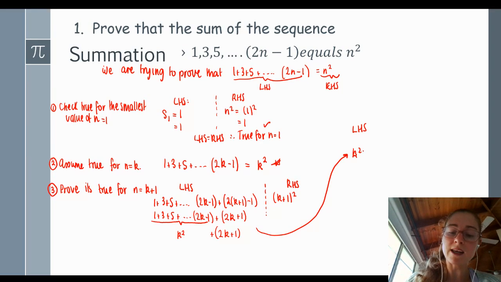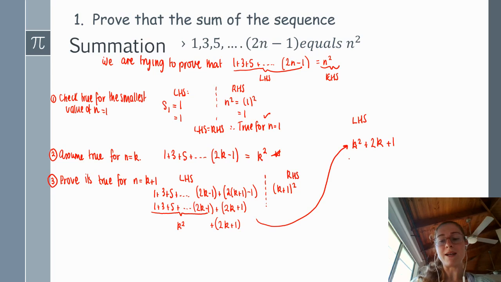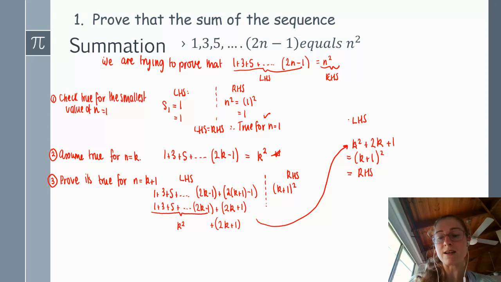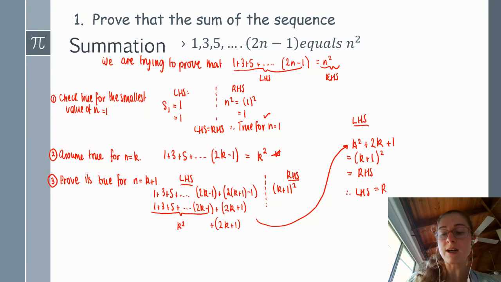I would get k squared plus 2k plus 1. And what do you know, this is k plus 1 all squared, which is equal to my right-hand side. So therefore, I've proven the left-hand side looks like the right-hand side. So I say, therefore, left-hand side equals right-hand side. The statement is true for n equals k plus 1.